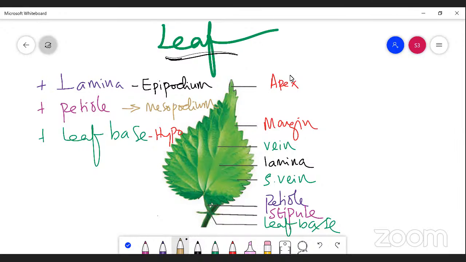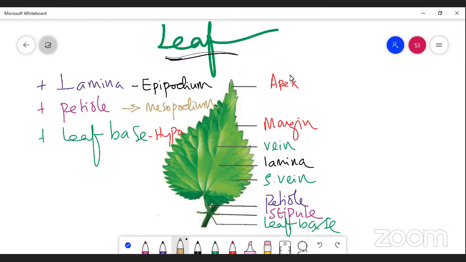And the stalk of the leaf is called simply the petiole. Sometimes the petiole may be present in some leaves and some plants. In some plants, the leaves are totally absent, right? If the leaves are present and the petiole is present in a leaf, that is called petiolate. Or the stalk of the leaf may sometimes be absent, that is exstipulate or sessile, right?